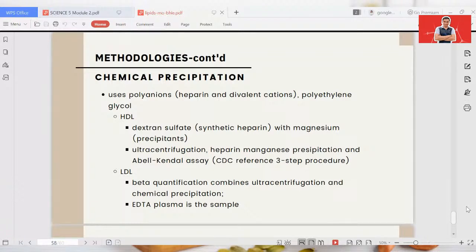So, manganese or magnesium can be used to separate any of the lipoproteins, pero ang pinaka-common talaga na ginagamit is the HDL. So, beta quantification combines ultracentrifugation and chemical precipitation. The sample is the plasma.